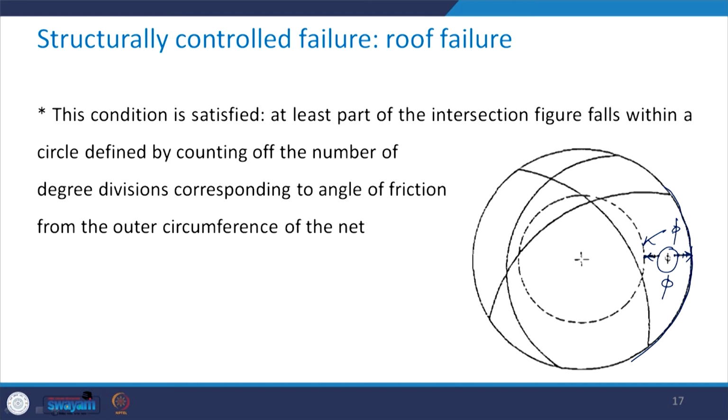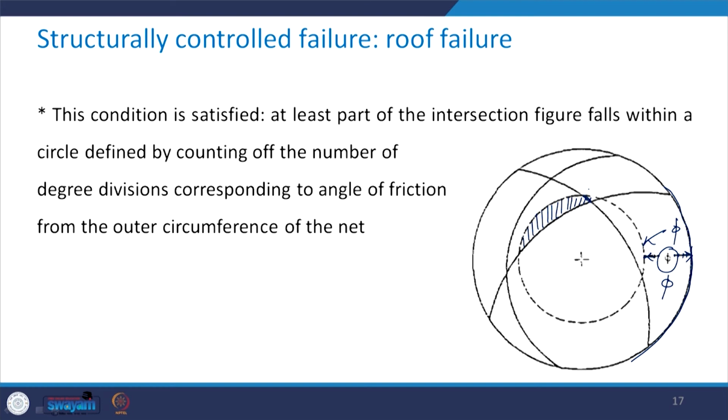Now, you see that some part of this intersection is within this circle, only up to this.